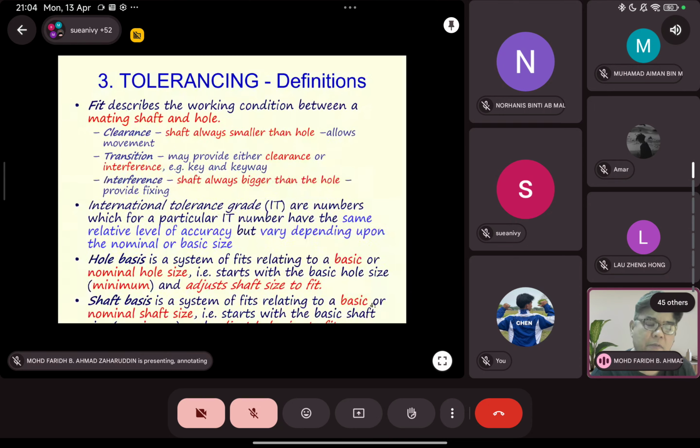The size of the shaft is always smaller than the hole. That will be clearance. When you calculate, you will get positive maximum clearance and positive minimum clearance. It means that you see this shaft and this hole, and it is easy to go in and out.